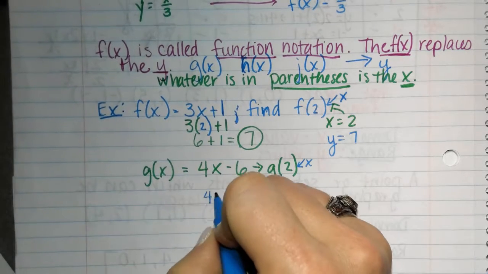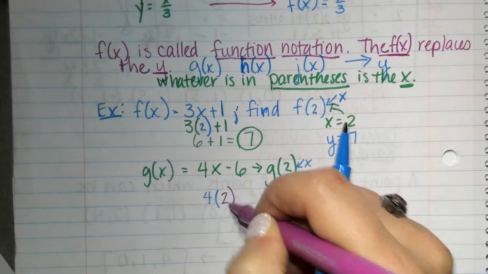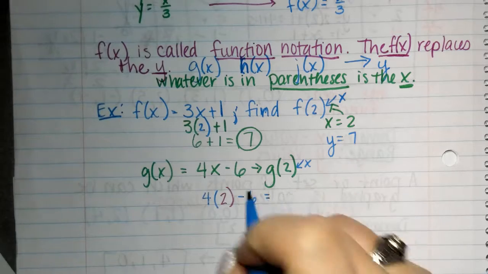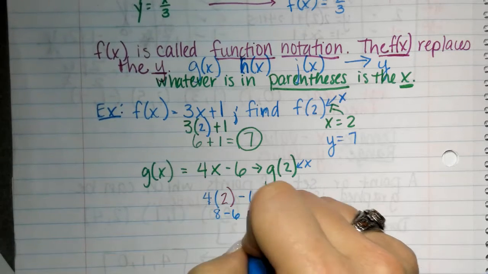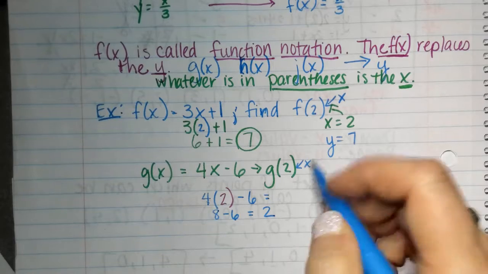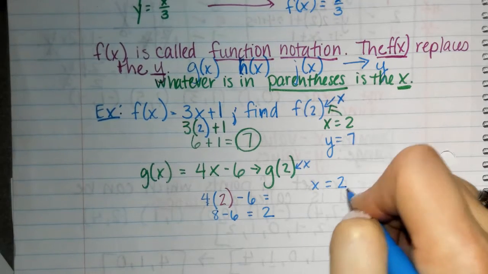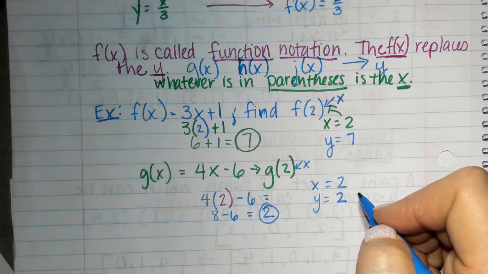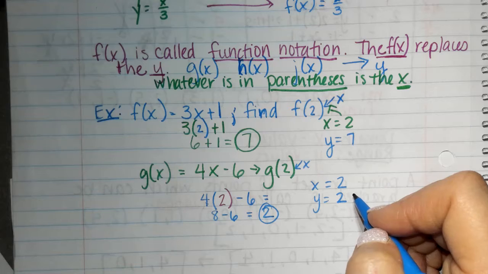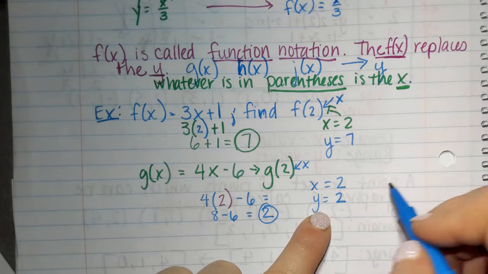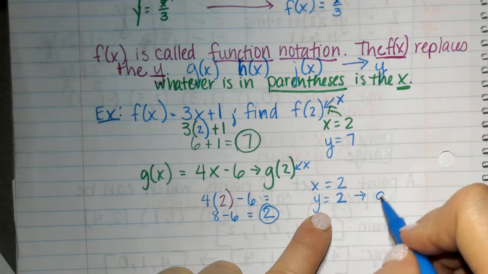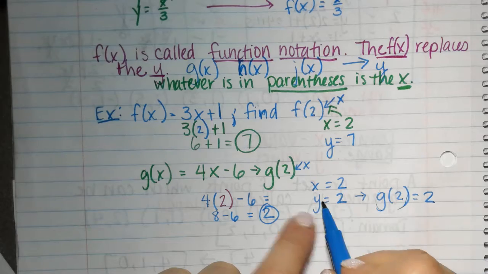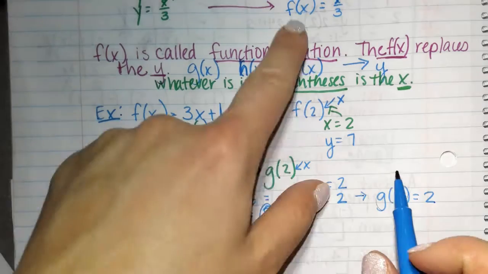So let's rewrite that. 4 times 2 minus 6. Okay, what does that equal? 4 times 2 is 8 minus 6 equals 2. So your x was 2. Your y is what you got for your answer, also 2. So you could also rewrite this to say your g of 2 equals 2, because we know g of x is the same thing as y from up here.